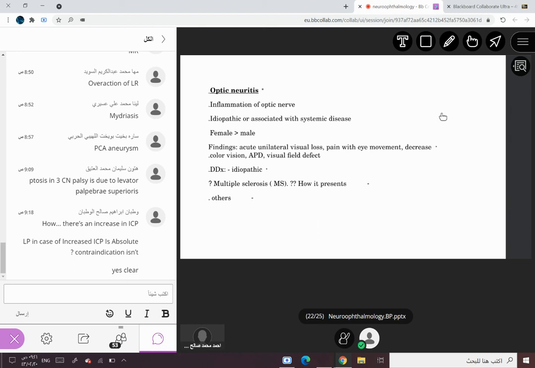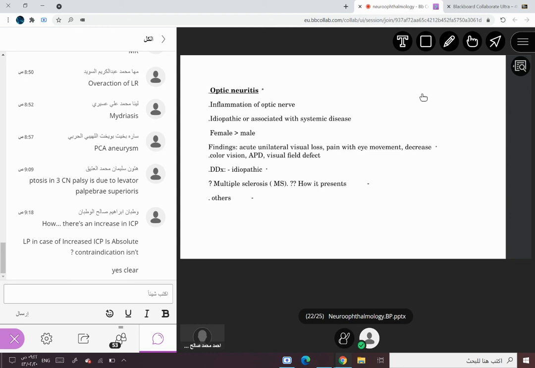Retrobulbar optic neuritis, which is commonly associated with MS, presents to you in the clinic. If you examine the patient, he or she will have a normal looking disc in cases of retrobulbar optic neuritis.